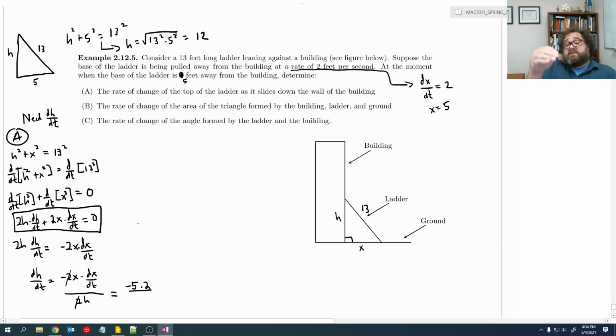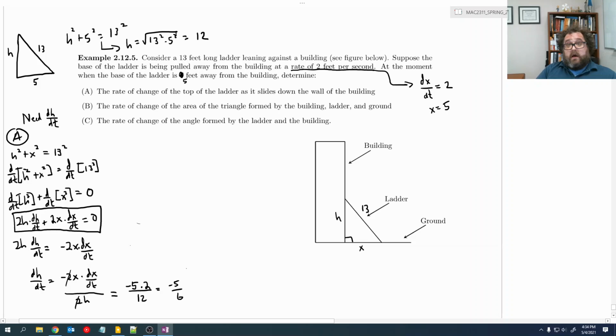That 12 only applies to the moment when the ladder's 5 feet away from the wall, but that's what we're concerned with. So we plug in 12, and that's negative 10 over 12. Negative 5 over 6 is what that reduces to if you divide both the top and the bottom by 2.